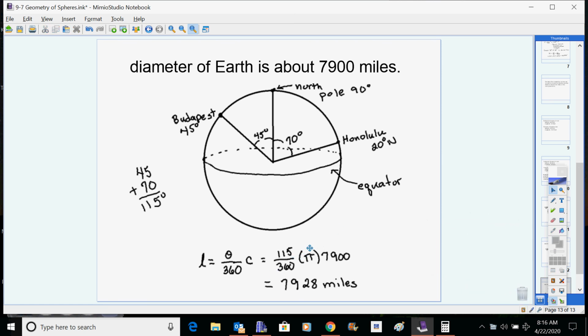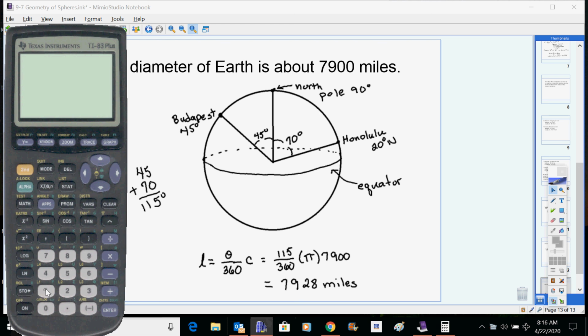What we can do then is simplify this so that you end up with your answer of about 7,928 miles. So 115 divided by 360, so you can see it happen, times pi times 7,900. So 7,928 miles to the nearest mile.